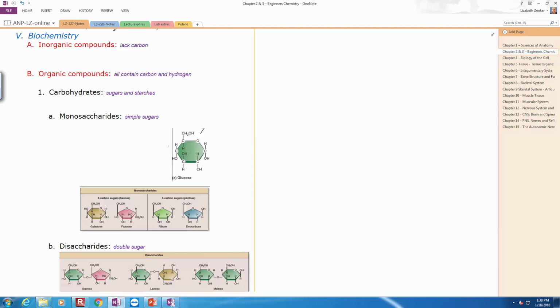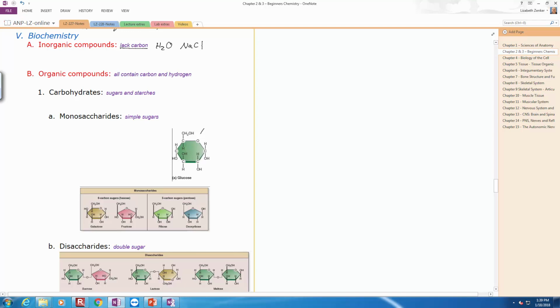You might. All right, so inorganic compounds lack carbon. Give me some examples of inorganic compounds that we've already talked about in lectures so far. Water, yes. It does not have a carbon in it, and it's a compound. Salt, NaCl, very good.